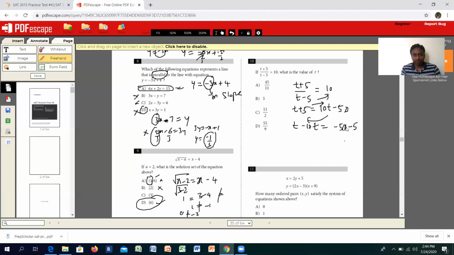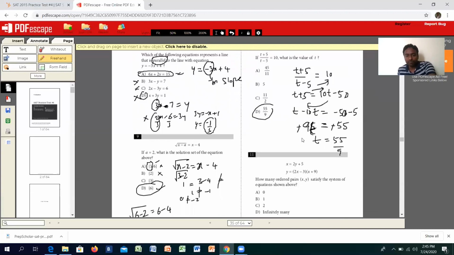And when I shift positive 5 to the other side, it is also negative 5, minus 55. This will give me negative 9t, minus 10t. Okay, this is t. So what is the value of t now? 55 over 9. This negative makes it positive because of the equality symbol, if they are the same signs, we can write. So D option you have to tick.